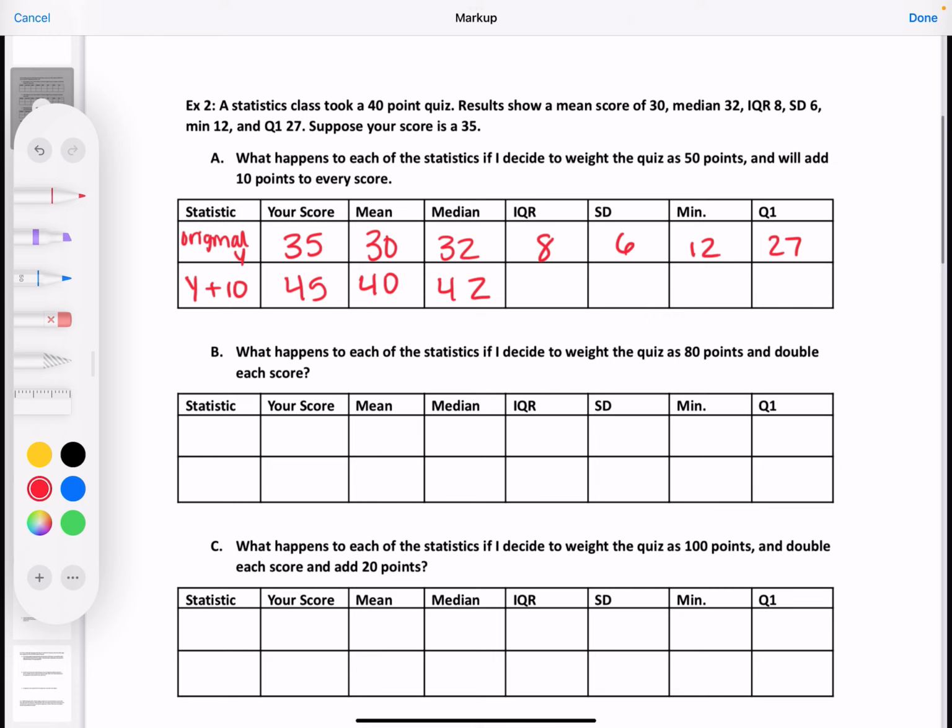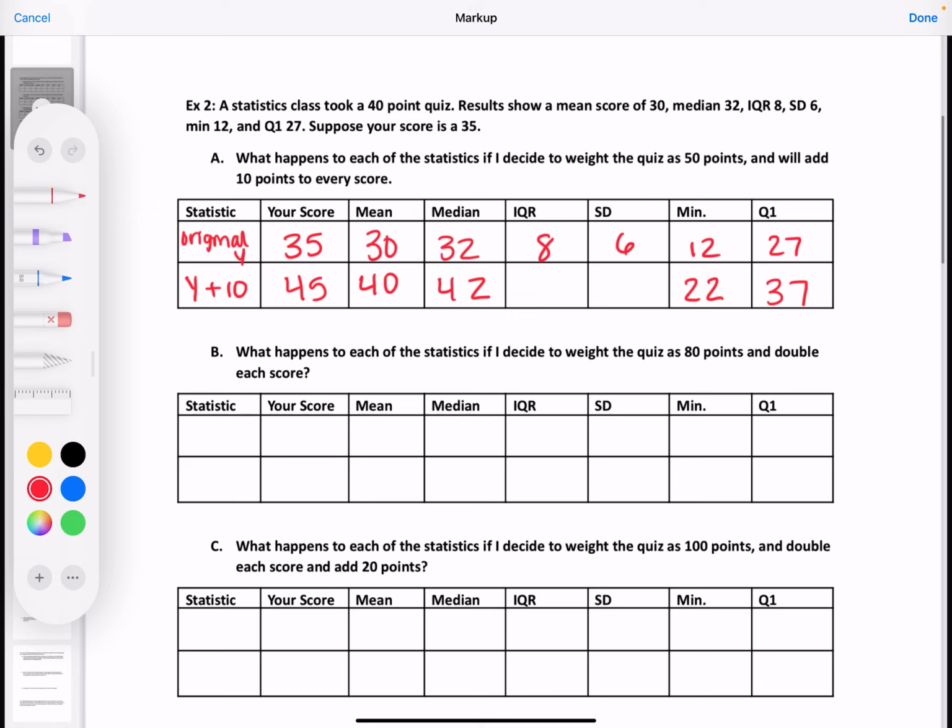Skip IQR and standard deviation for a minute. The min is also going to get 10 added to it, so that's going to be 22. The Q1 is also going to get 10 added to it. But the thing to note is that if my Q1 gets 10 added to it, what is happening to my Q3?